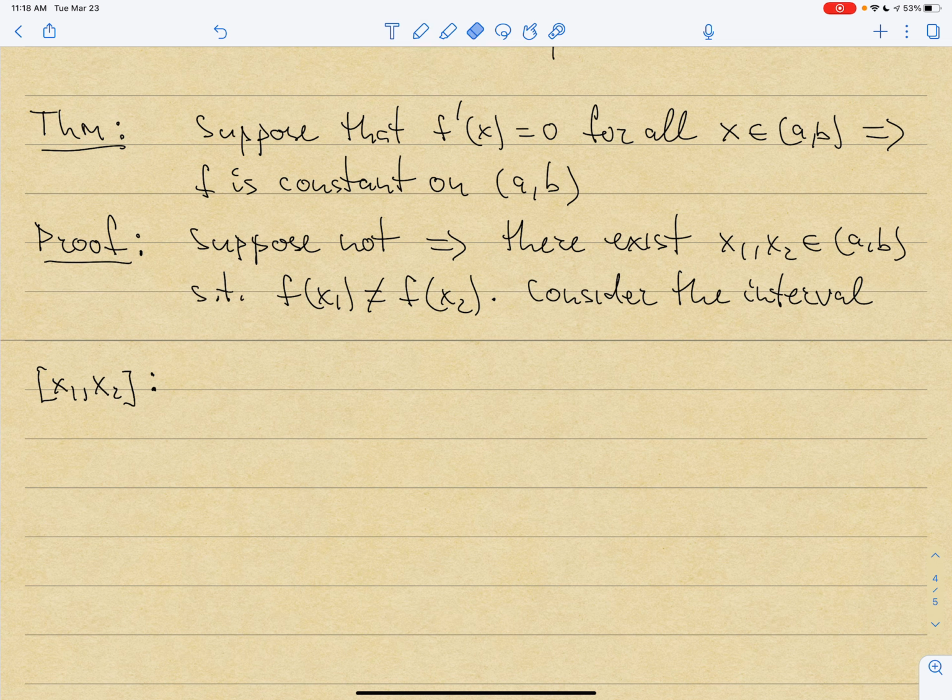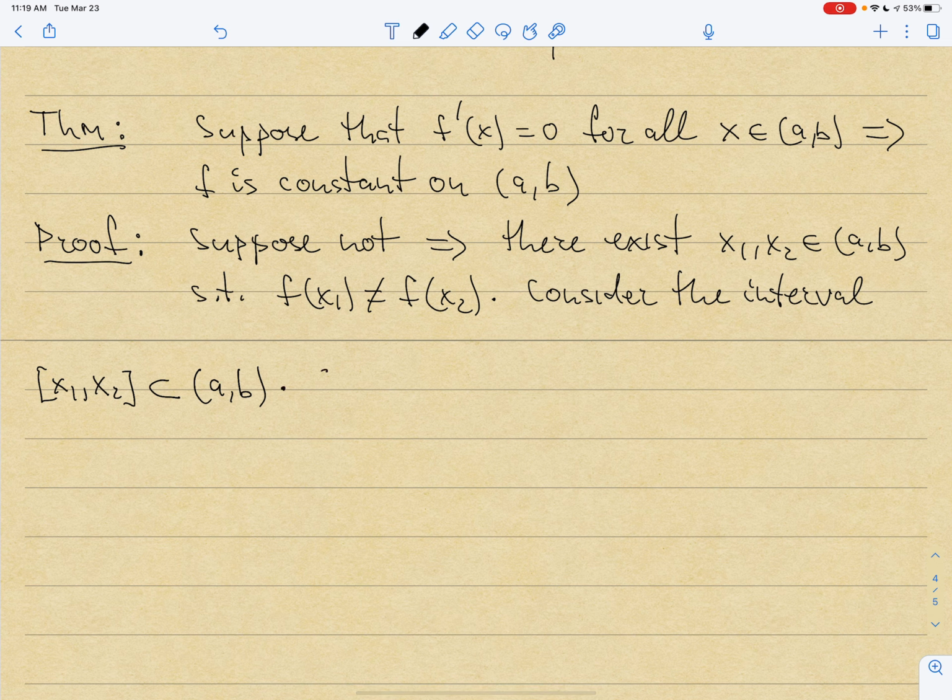And if it is equal to 0 on the open interval (a, b), that means that I should be able to compute a derivative at all points of (a, b), which means that f is differentiable on the open interval (a, b). x1 and x2 both belong to (a, b), so that means that the closed interval from x1 to x2 is going to be entirely inside the open interval (a, b).